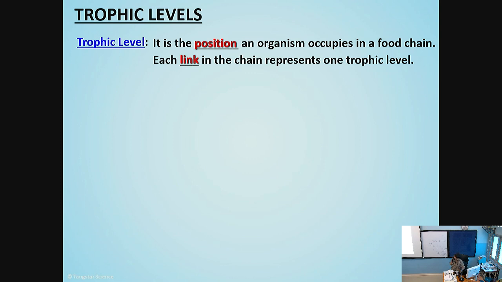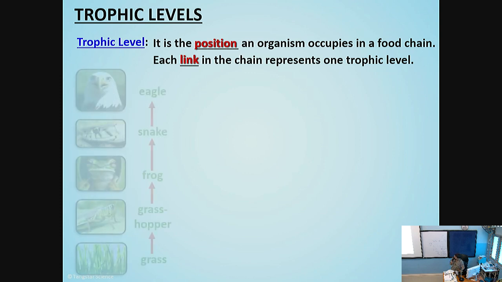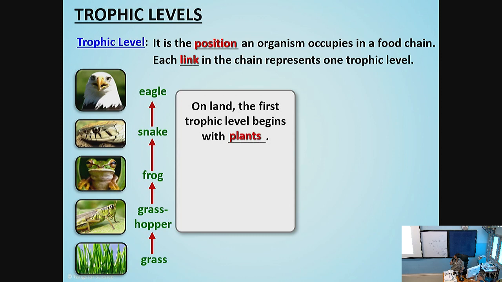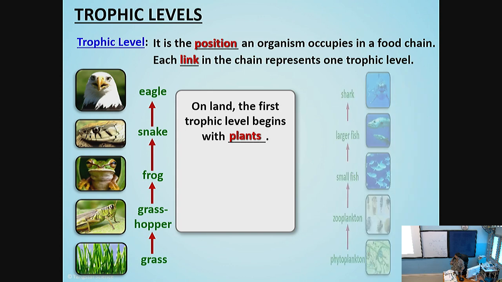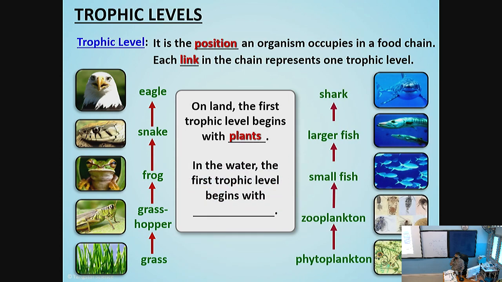For example, on land, the terrestrial ecosystem, the first trophic level begins with plants. In an aquatic ecosystem, the first trophic level begins where? Very good, it is phytoplankton.